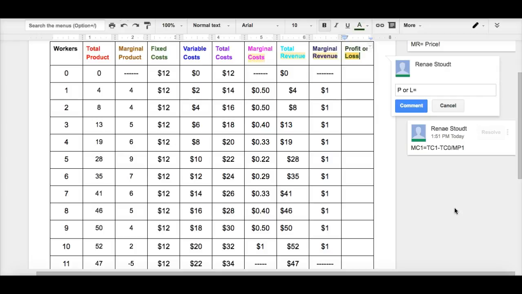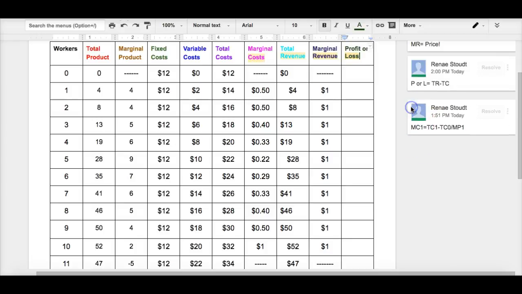So what two columns do you suppose we're going to look at? Hopefully you said total revenue and total cost. So profit or loss is total revenue minus total cost. So we're going to look at this column and this column.